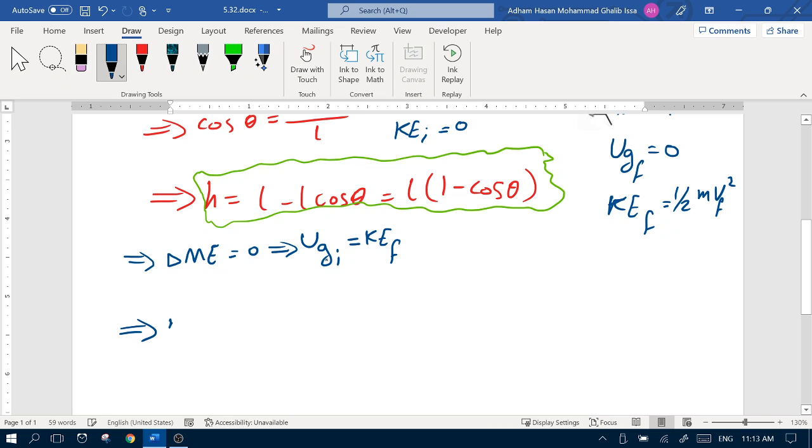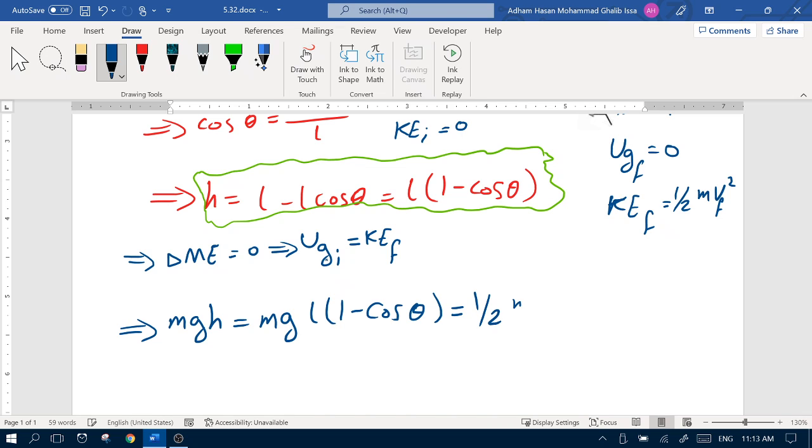One more time, mgh, which is equal to, instead of h I will write L multiplied by 1 minus cosine theta. So this will be mgL(1 minus cosine theta) is equal to the final kinetic energy, 1 over 2 mv squared.